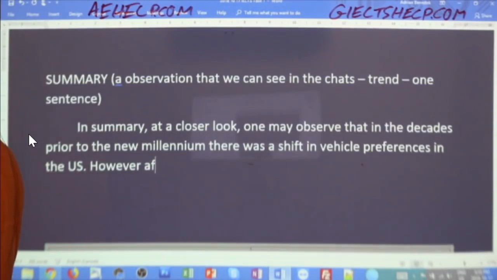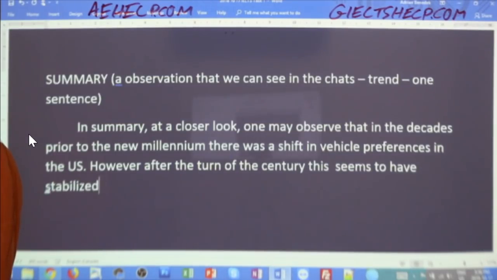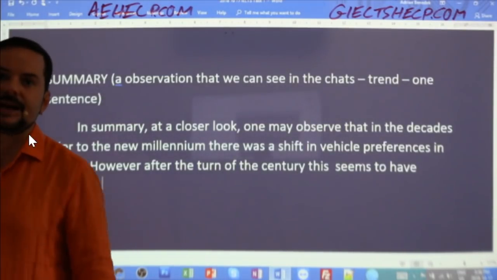However, after the turn of the century, this seems to have stabilized. Okay, so something like that, all right?